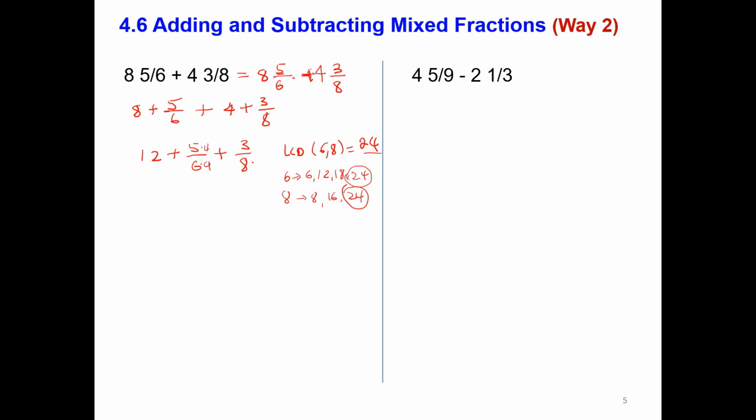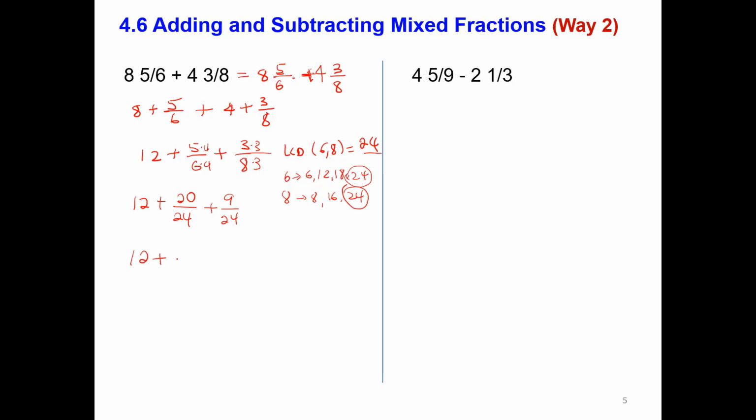We need to multiply this fraction by 3, and do the same on top. And let's solve this one. We have 5 times 4 is 20, 6 times 4 is 24, 3 times 3 is 9, 8 times 3 is 24.